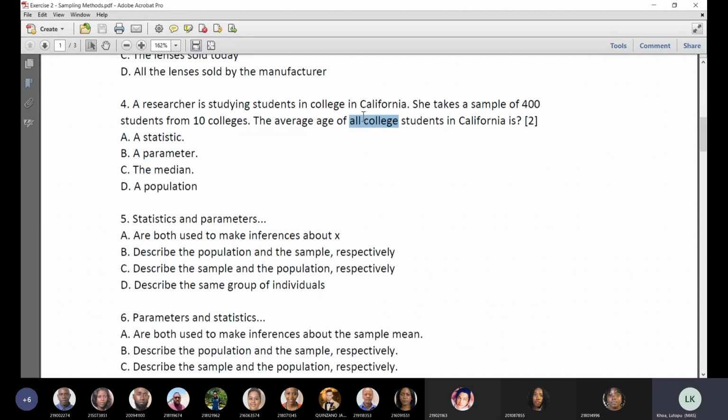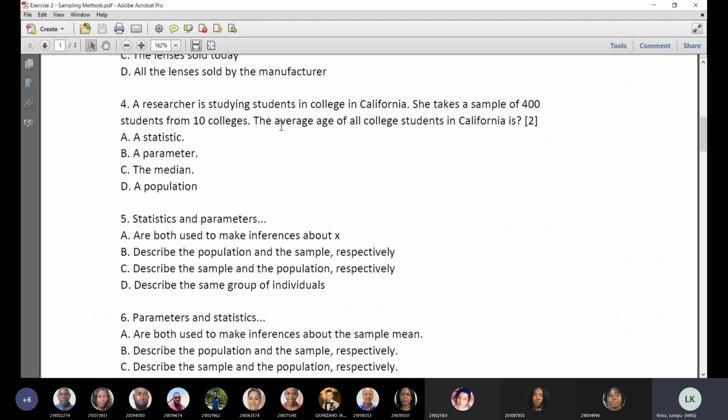parameter, statistic, median, population. Now this here would be a parameter. So this is why you need to read the question and understand, because I believe this may be one of those questions where they try and trick you. It's not that tricky, but anyway, when it says the average age of all students, look at what she's studying: students in college, and what do I have?